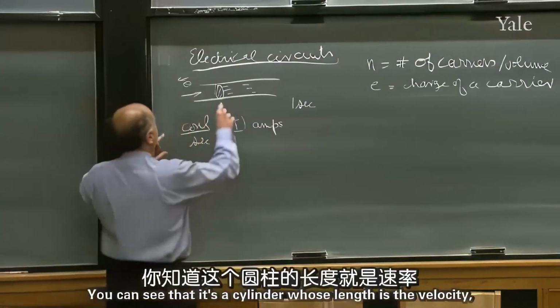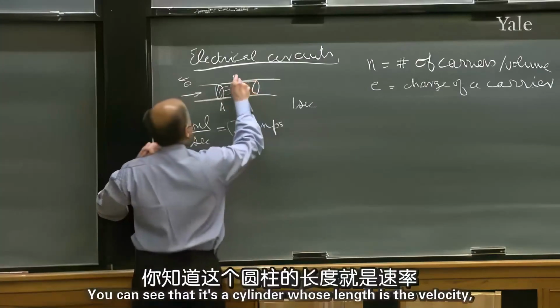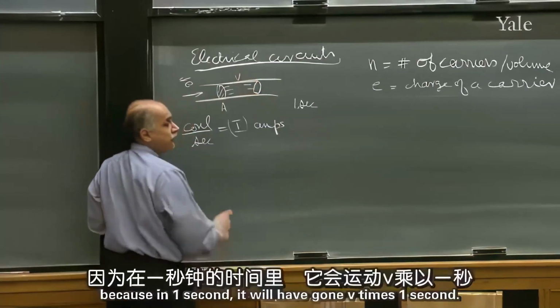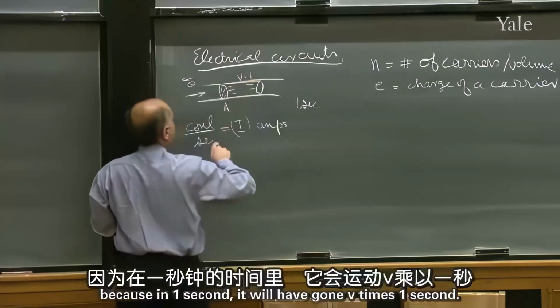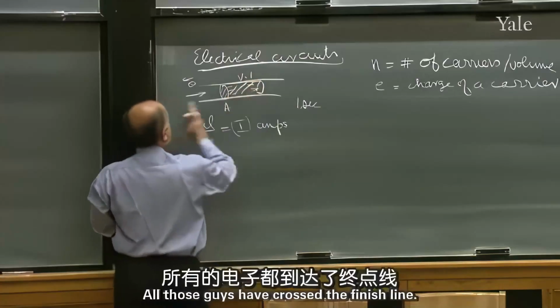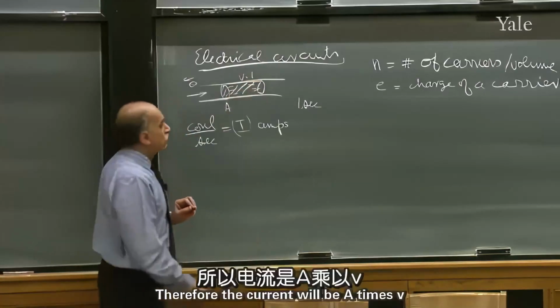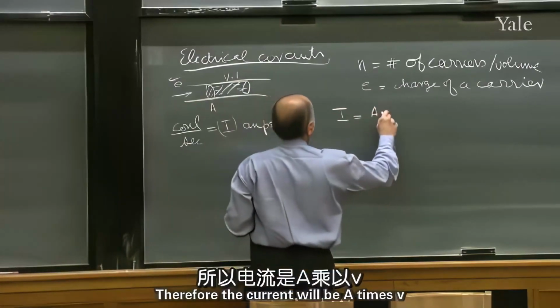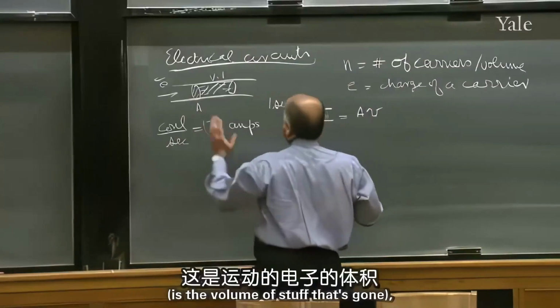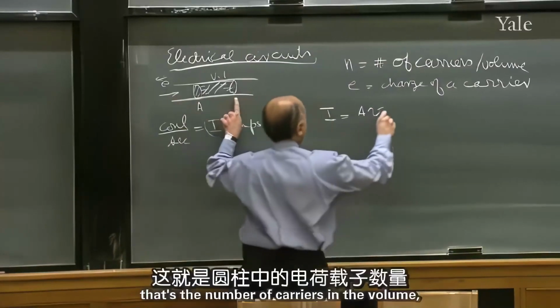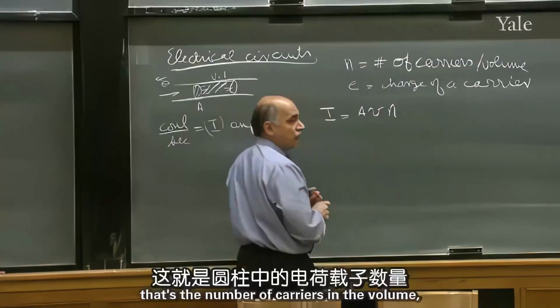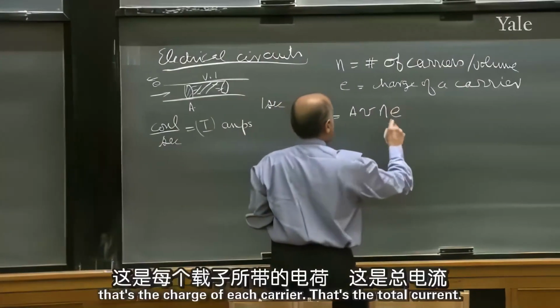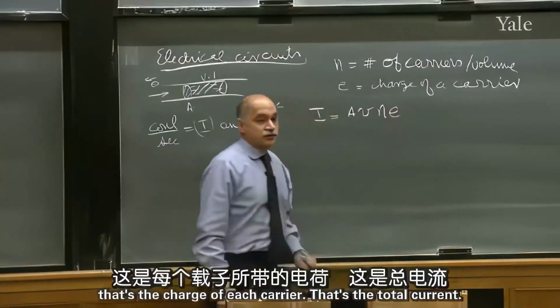You can see that it's a cylinder whose length is the velocity, because in 1 second it would have gone v times 1 second. All those guys have crossed the finish line. Therefore, the current will be A times v, the volume of stuff that has gone, times N, the number of carriers in that volume, times E, the charge of each carrier. That's the total current.